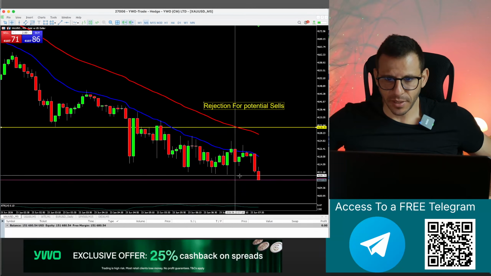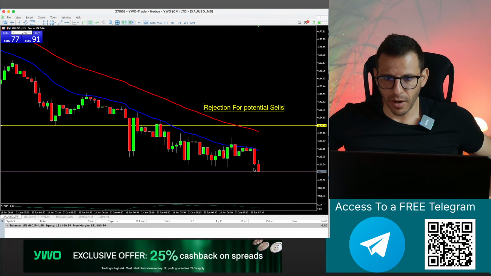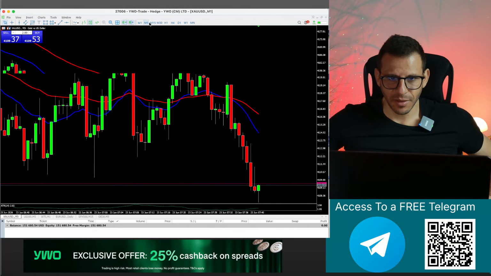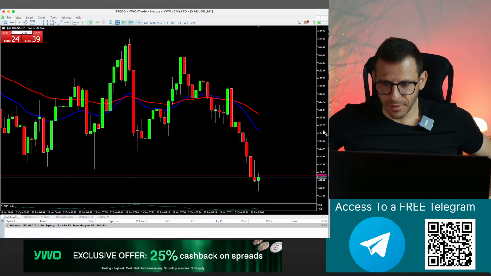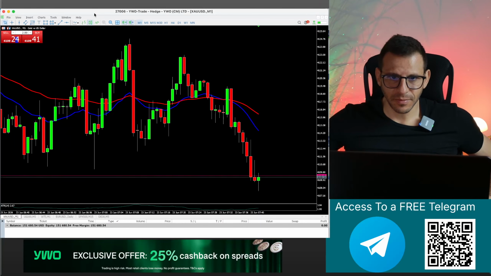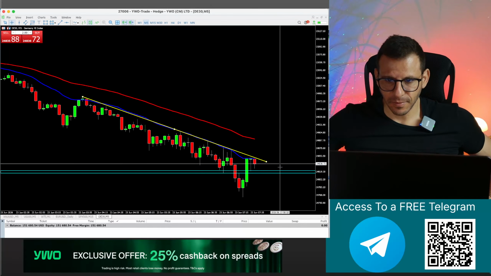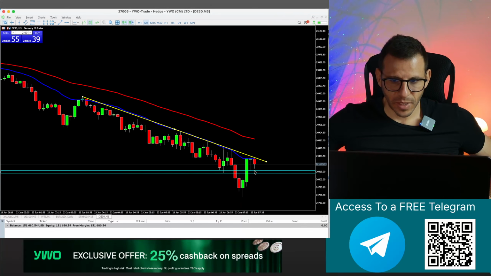So the price makes lower lows here, and if I see a couple of candles continuing this one, definitely for the rest of the session I will be looking to sell the market. That's not rocket science. DAX is fighting here.